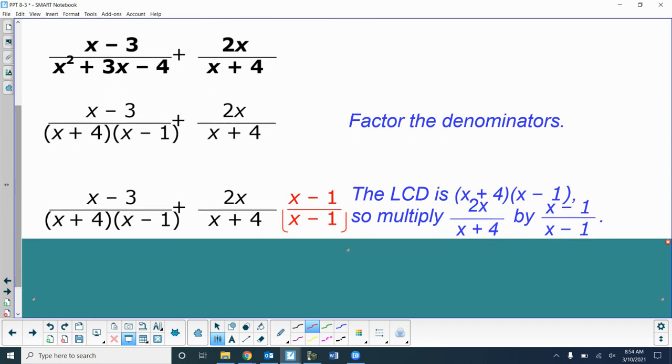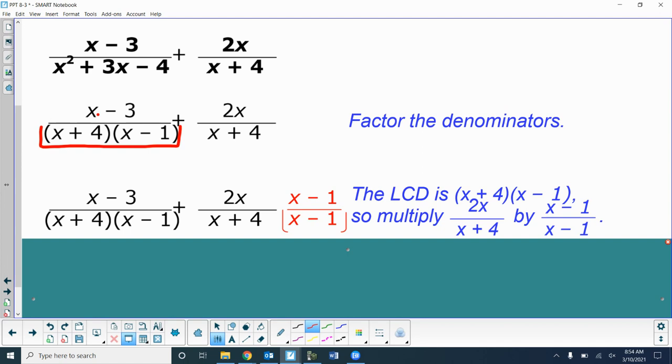All right, so looking at this original denominator, in my common denominator, do you see anything different? They're exactly the same, right? So do I need to do anything to that numerator? No. This denominator, I had to multiply by x minus 1 to make it look like this one, right?